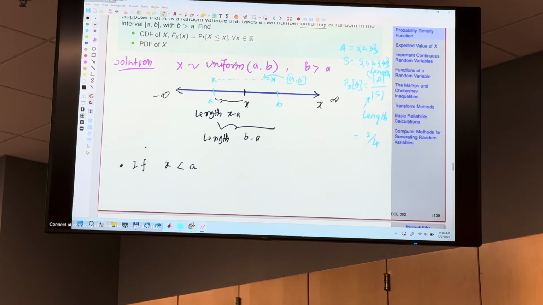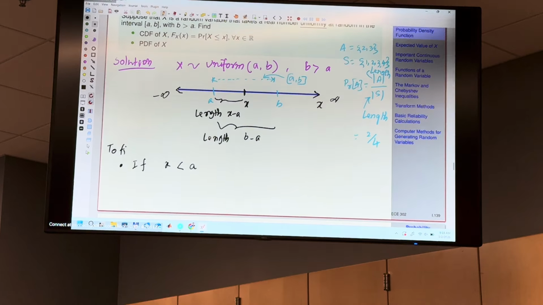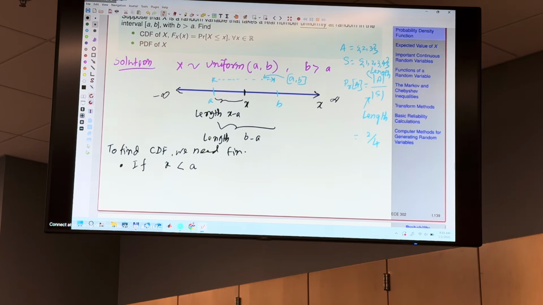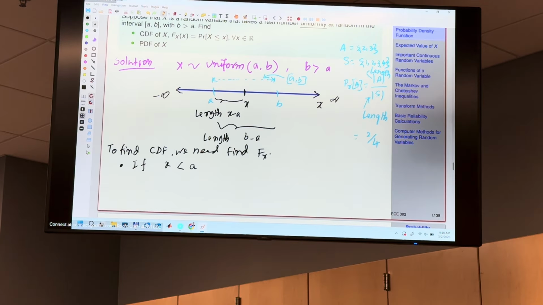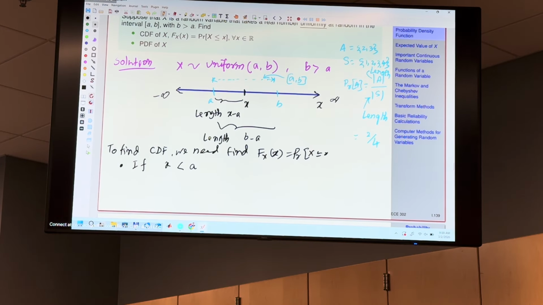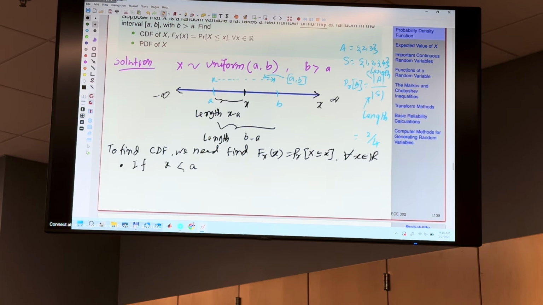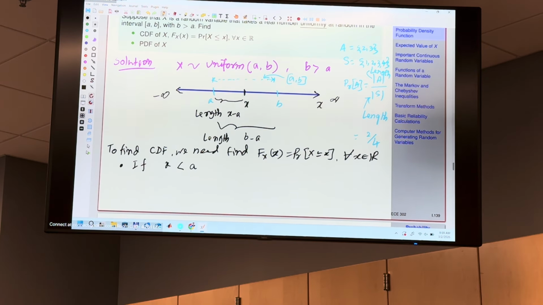To find the CDF, we need to find F sub X taking value x, which is by definition the probability that X is less than or equal to x, for all values of x from the entire real line. So if I have the condition x less than a, what is the CDF?